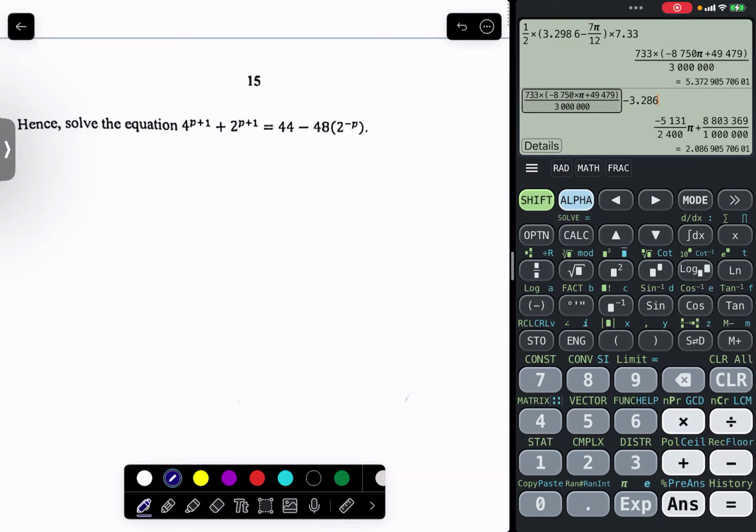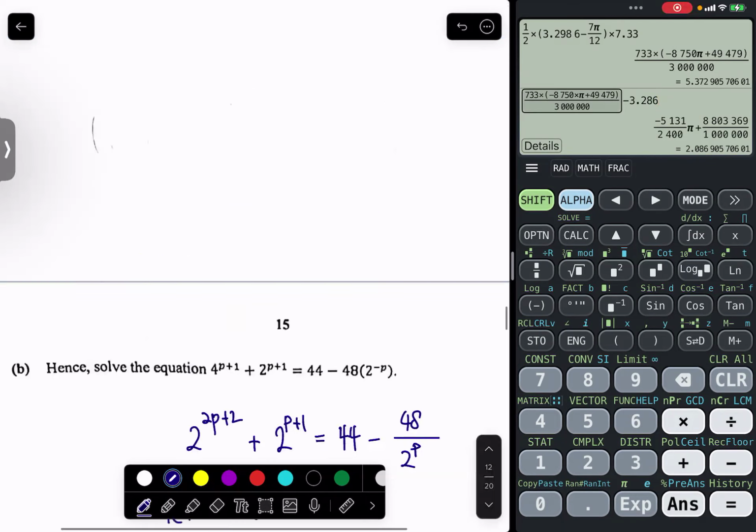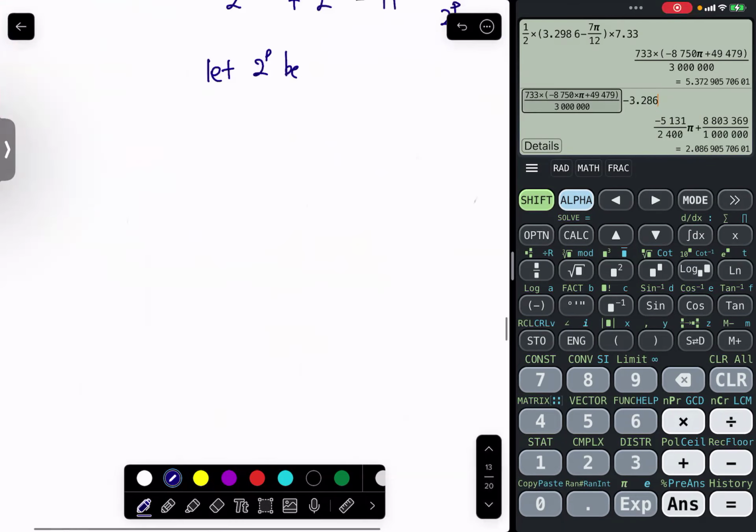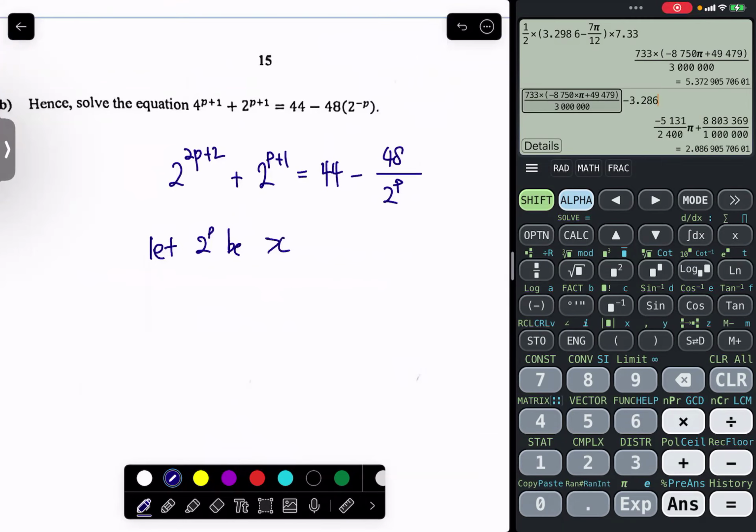Let's see, this will be 2 to the power of 2p plus 2 plus 2 to the power of p plus 1 equals 44 minus 48 times 2 to the power of negative p, or rather 48 over 2 power p. Now, if I let 2 power p be, what should I let it be, x or y? Because there's 2 unknowns. Let's try x.